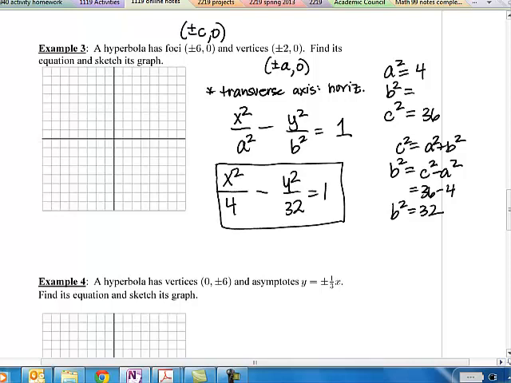And then the graph, got vertices 2 and -2 on the x-axis. Foci, positive and negative 6, 0, 3, 4, 5, 6. And then we can use b squared equals 32, so b is the square root of 32. That's, what, between 5 and 6? Just mark it somewhere like there. Create our central box.